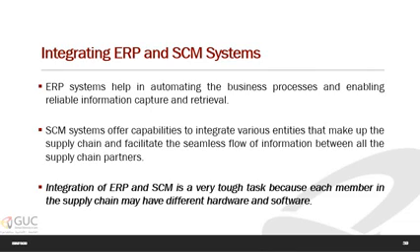Given the intra-organizational and inter-organizational advantages offered by both ERP and SCM systems, such integration can help in driving huge leverage. However, integrating both systems is a very tough task because each member in the supply chain may have different hardware and software, and it's very difficult to insist that your supply chain partners maintain the same systems.